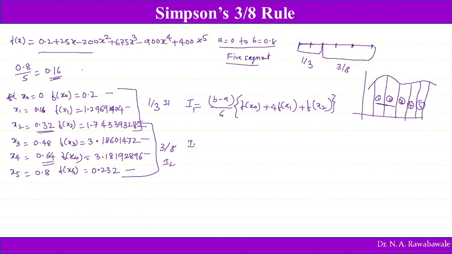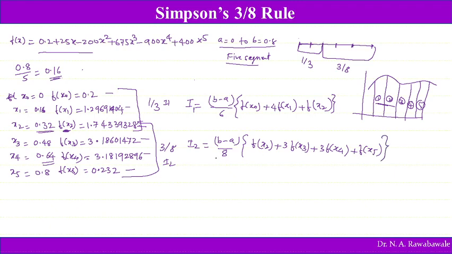Then I2 for the last 4 points, by Simpson's 3/8 rule, can be written as b minus a divided by 8, in brackets, f of x naught, but here we have to consider it as f of x2, since it is starting from f of x2, plus 3 times f of x3 plus 3 times f of x4 plus f of x5.